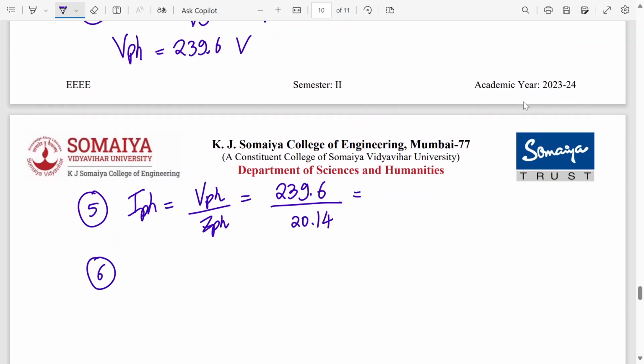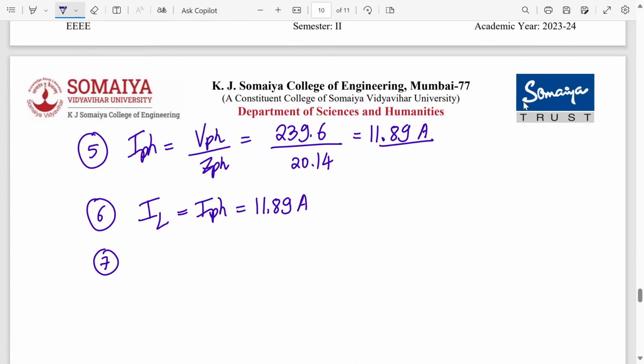Don't write an angle, it's three phase. For a star connected delta network, IL is same as I phase. So line current is same as phase current, which is 11.89.